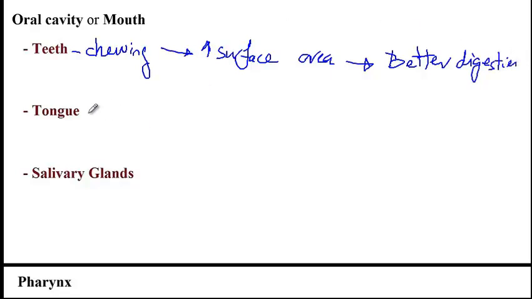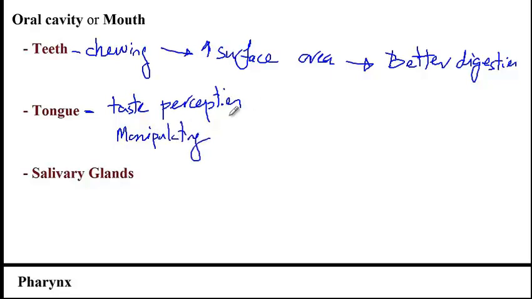Then we have the tongue, the function of which is basically to move the food particles around and help with the chewing and swallowing, in addition to taste perception. So taste perception as well as manipulating the movements of food particles.